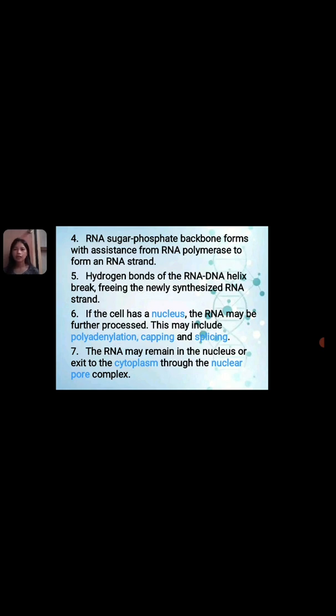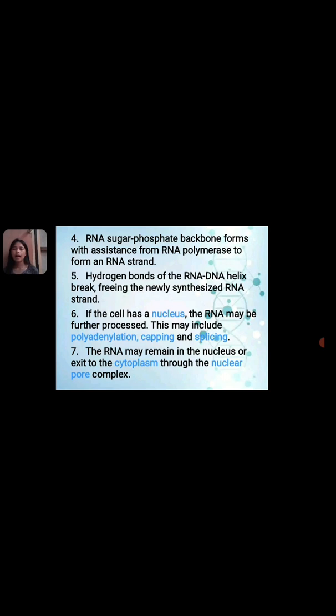5, hydrogen bonds of the RNA-DNA helix break, freeing the newly synthesized RNA strand. 6, if the cell has a nucleus, the RNA may be further processed. This may include polyadenylation, capping, and splicing.